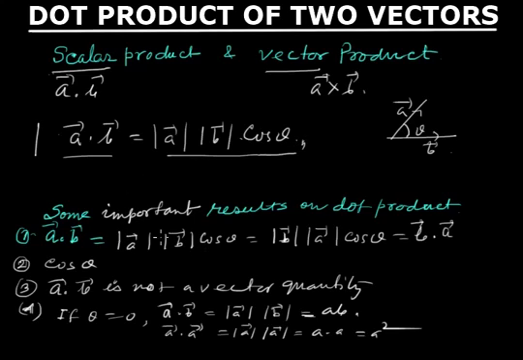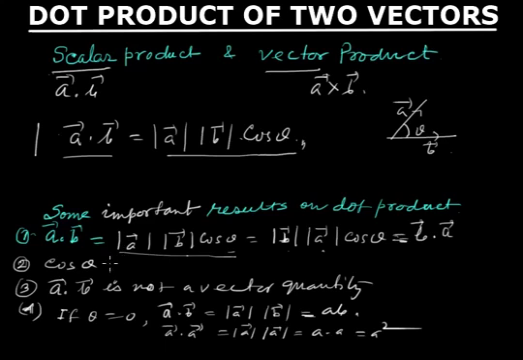Now for some important results on dot product. A dot B is magnitude of A, magnitude of B, cos theta by definition. So instead of magnitude A into magnitude of B, if I write magnitude of B, then magnitude of A cos theta, it is coming B dot A. So A dot B and B dot A are same.